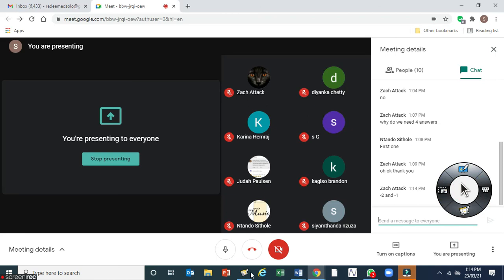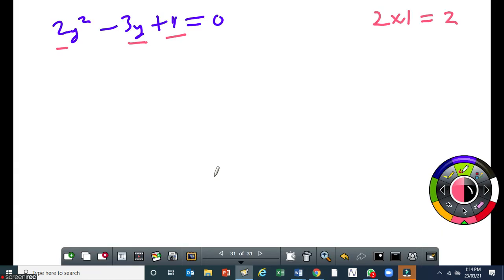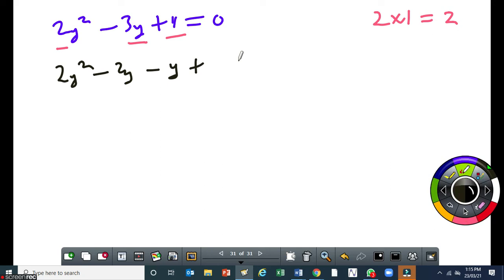Thank you, Zach. So if we do that, then we're going to split that minus 3y and write it as 2y squared minus 2y, right, minus y plus 1 equal to 0. Then we take out a common factor there, that will be 2y, then we are left with y minus 1, then I have to create here minus 1 times y minus 1 equal to 0.